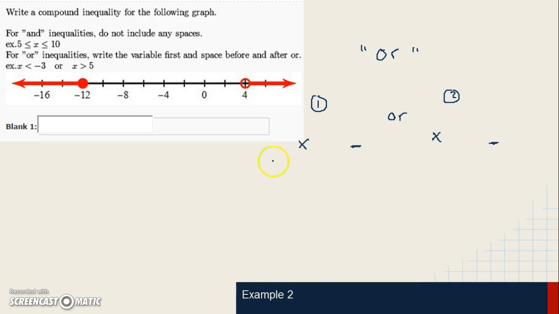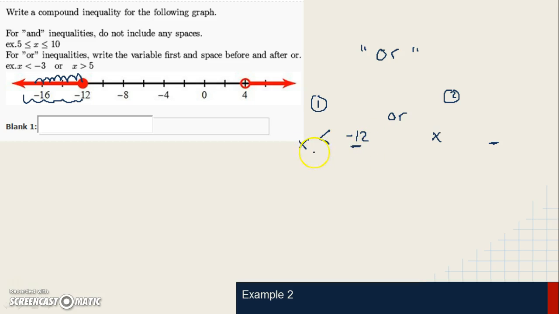Right? So let's focus on the first part of the red line here. We know that the endpoint is -12, so we know that this value is -12. And now we've got to figure out, is x greater than -12, or is x less than -12? Well, since the red line is covering values that are less than -12, then we can say that x is less than -12.